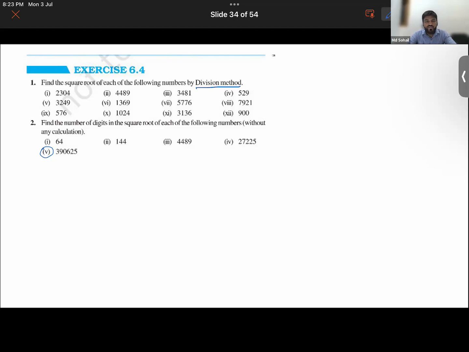And in fact, if you go by the prime factorization method, for larger numbers it might take more time. So I would suggest, and as the exercise says, you need to solve it using the division method only. Okay. Don't use prime factorization or repeated subtraction.